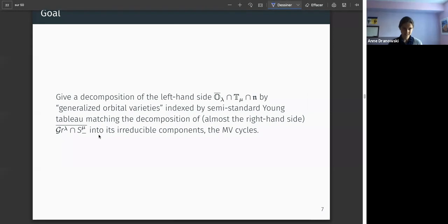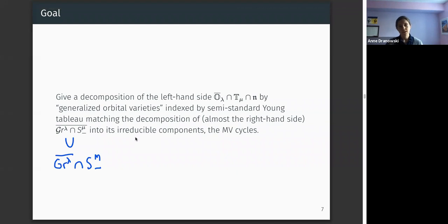So not quite, because what we had was a closure, intersect S mu minus, but matching it up with irreducible components of the closure of that intersection, which are by definition the MV cycles.